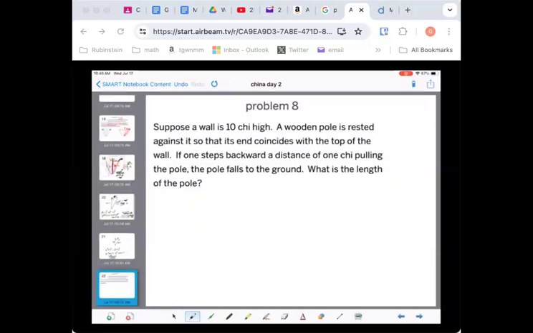You have a wall, which is 10 chi high. And they have a pole leaning against it so that its end coincides with the top of the wall. So it's something like this. It's a very big pole, and we don't know how long the pole is.